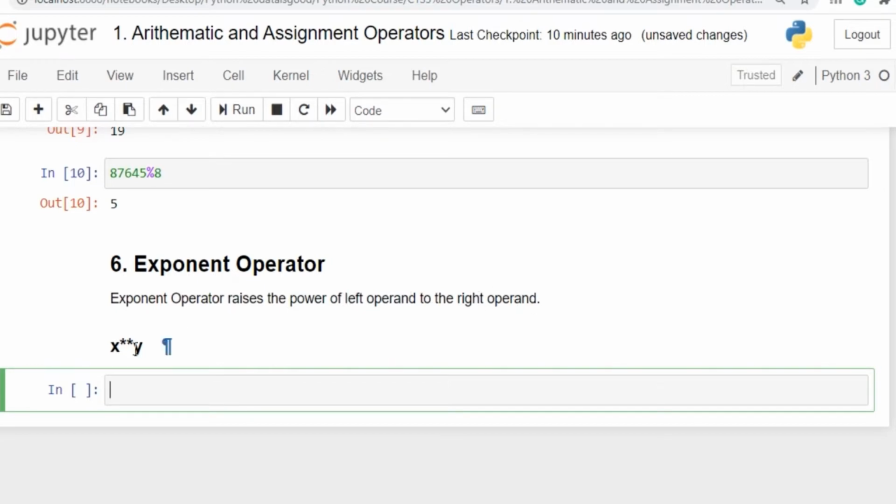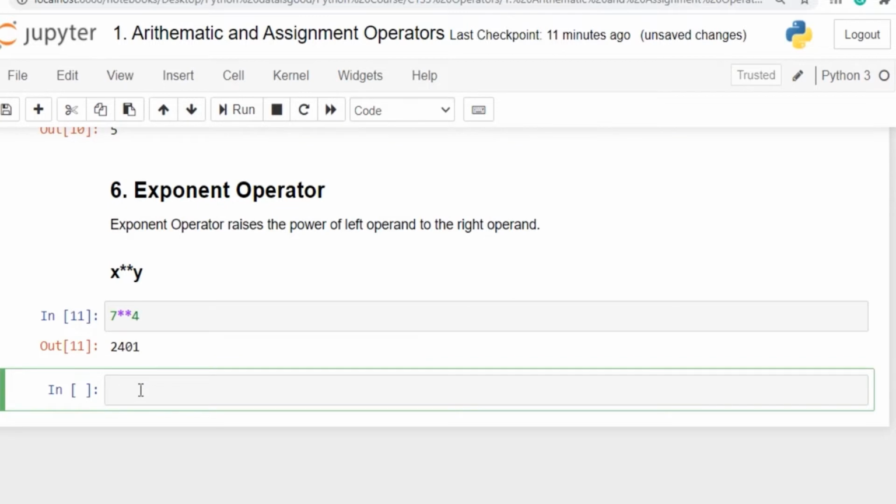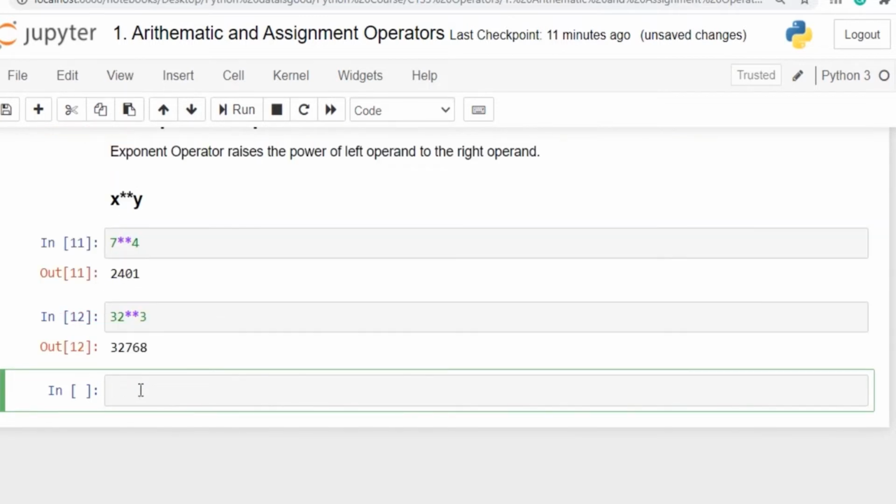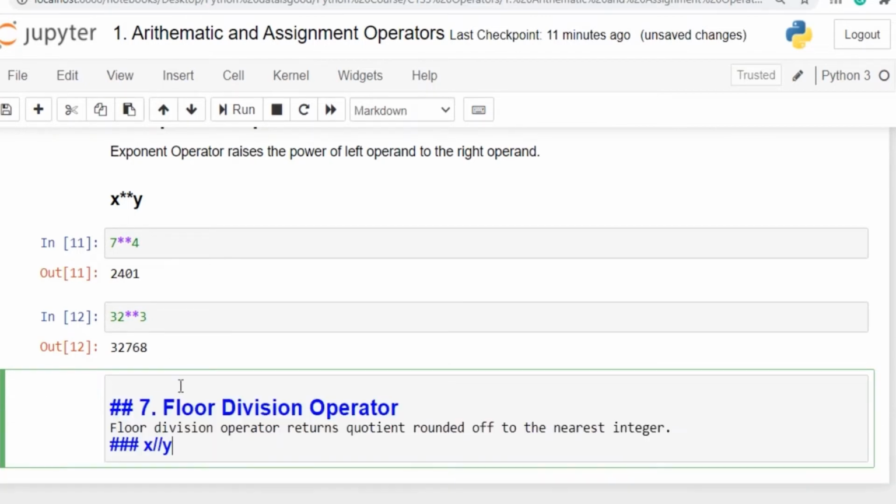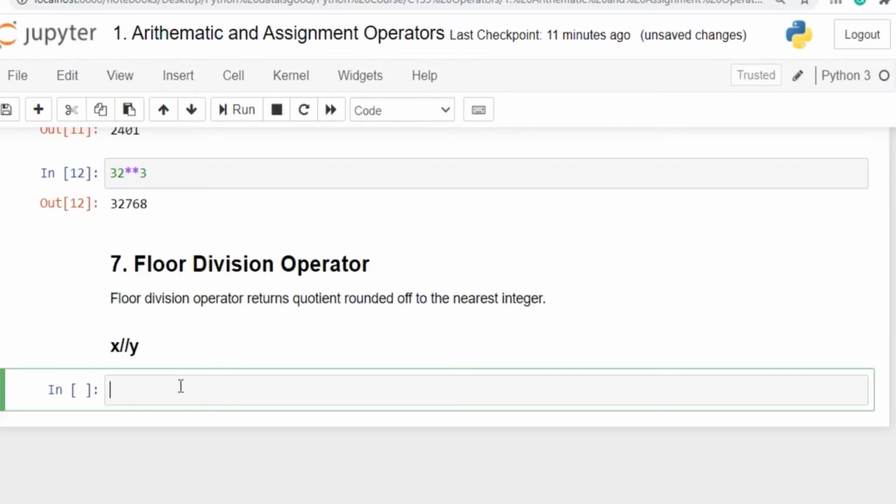For example, x to the power y. 7 to the power 4 is equal to 2401. 32 to the power 3 is equal to 32768. Then we have the floor division operator, which returns the quotient rounded to the nearest integer.